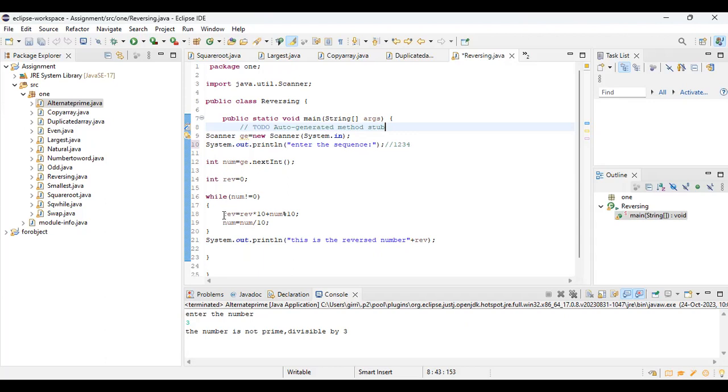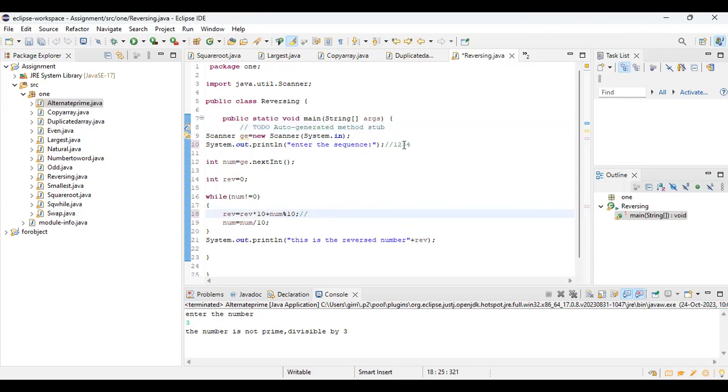Now here, the algorithm for reversing the input sequence: reverse, which I have initialized as 0, is 0 into 10 plus the number I have given, 1, 2, 3, 4, modulo 10. For example, I have taken 1, 2, 3, 4.